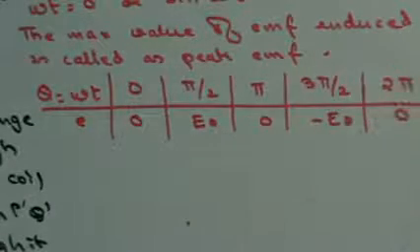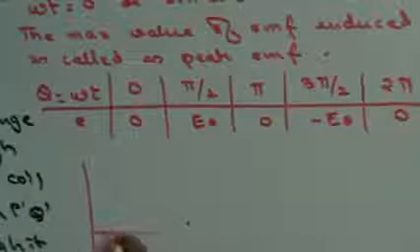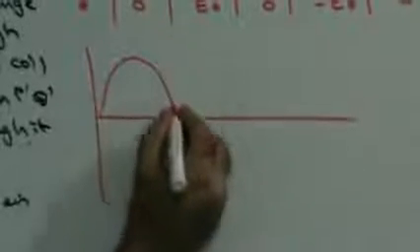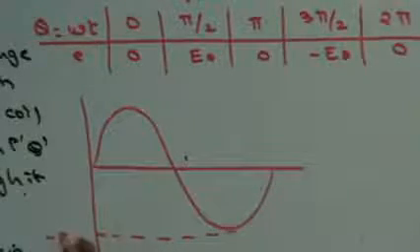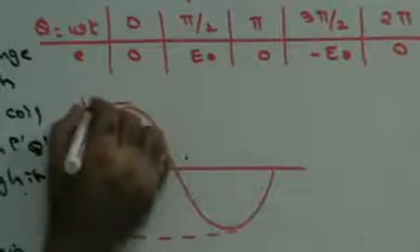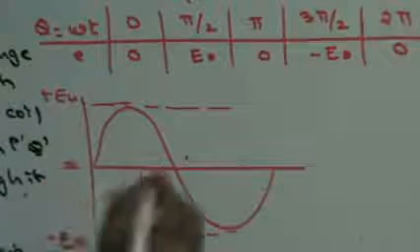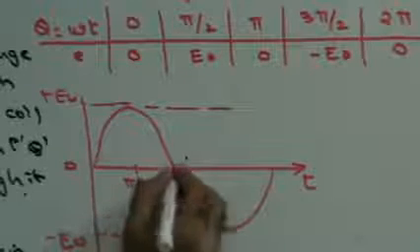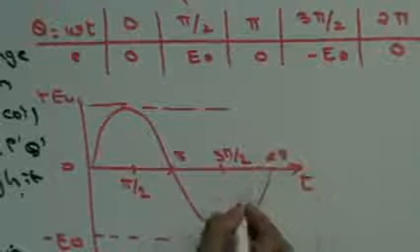If I were to represent this graphically, then I would get a wave like this. A sine wave where this value would be minus E0, this value would be plus E0, this is 0, time varies here, this is 90, 180, 270 and 360.